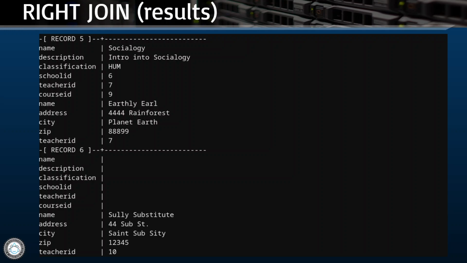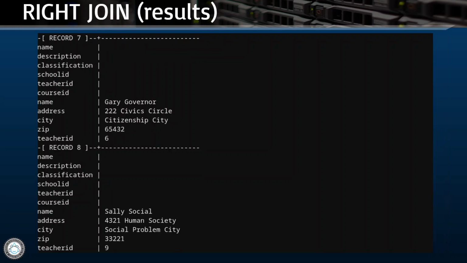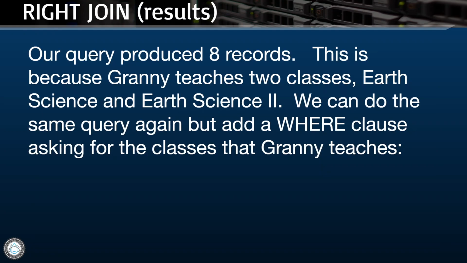It's Sully Substitute, who's a substitute. And we also find Gary and Sally are not assigned to a class right now. So our query produced 8 records. And as a reminder, Granny teaches 2 classes, Earth Science and Earth Science 2.